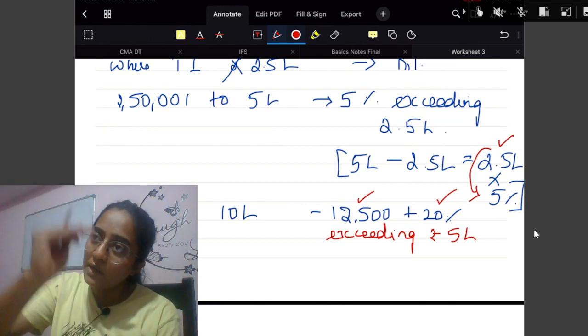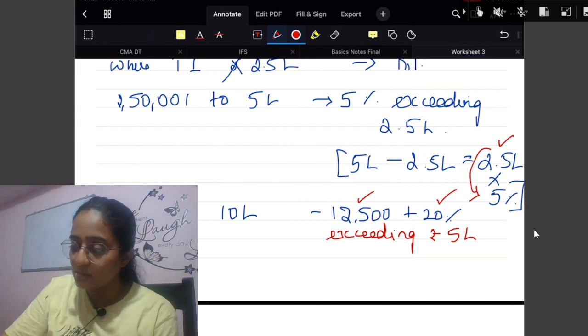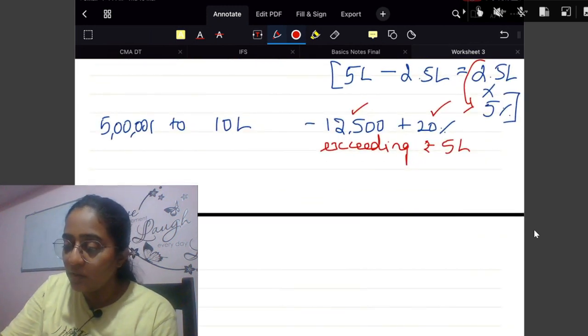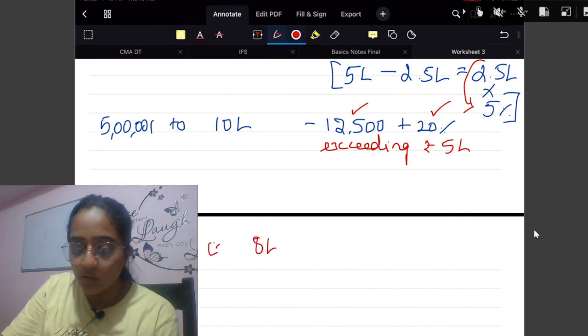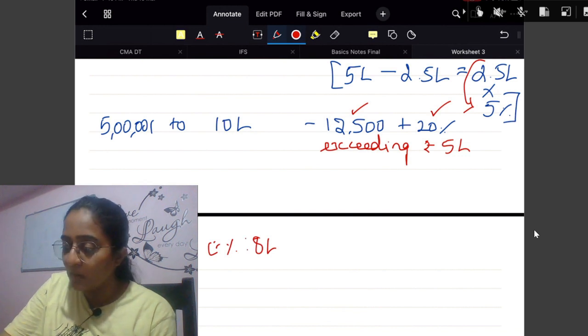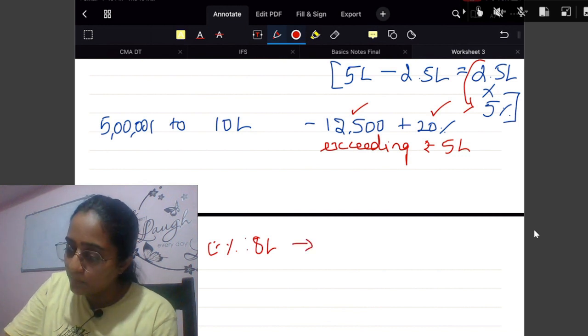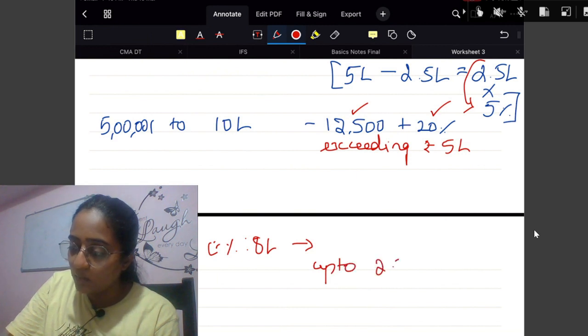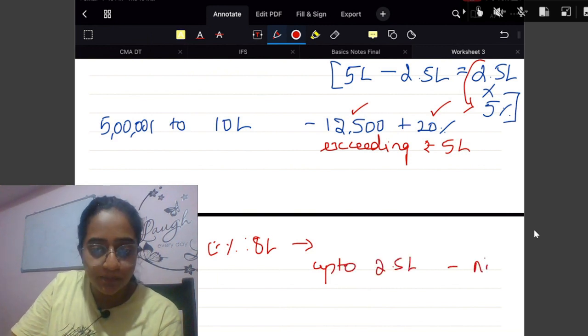If it is over and above your 5 lakh for that matter, see, what you will do is that if your income is, let's consider 8 lakh. In my example, your income is 8 lakh. Out of this 8 lakh, up to 2.5 lakh, it's going to be nil.